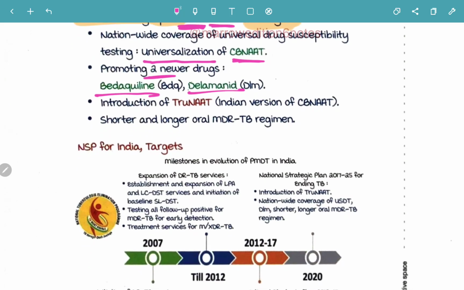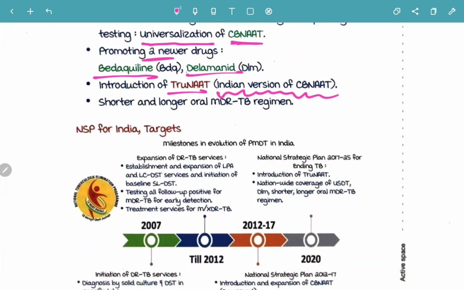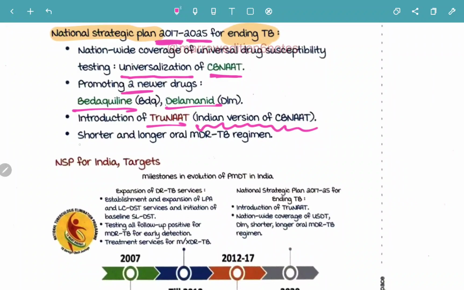The third is the introduction of TrueNAT. As I already said, it is the Indian version of CBNAAT. Then a shorter as well as a longer oral MDR-TB regimen is going to be promoted.